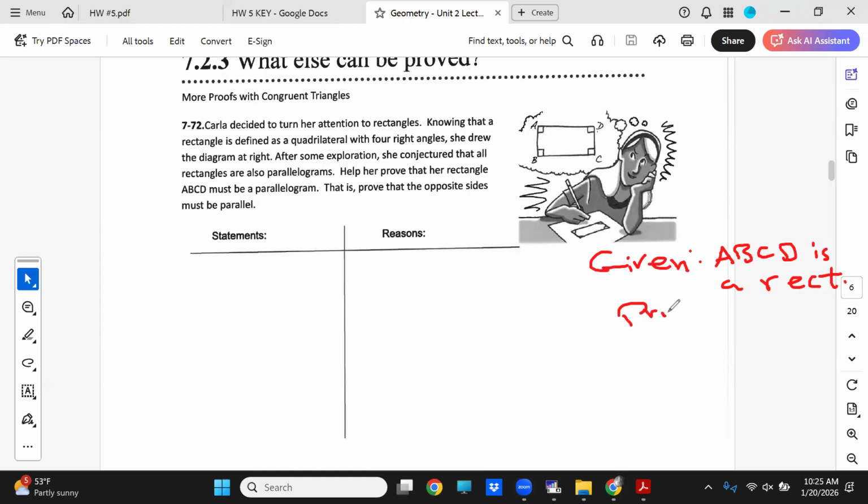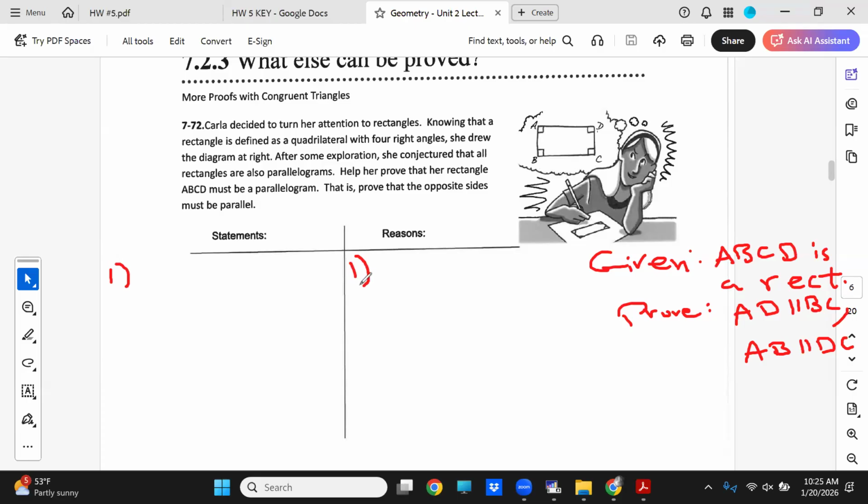And we're asked to prove that AD is parallel to BC and AB is parallel to DC. So actually, you're proving two things.